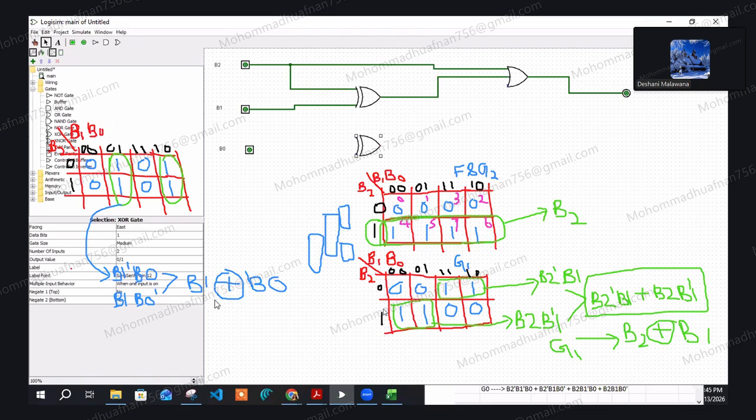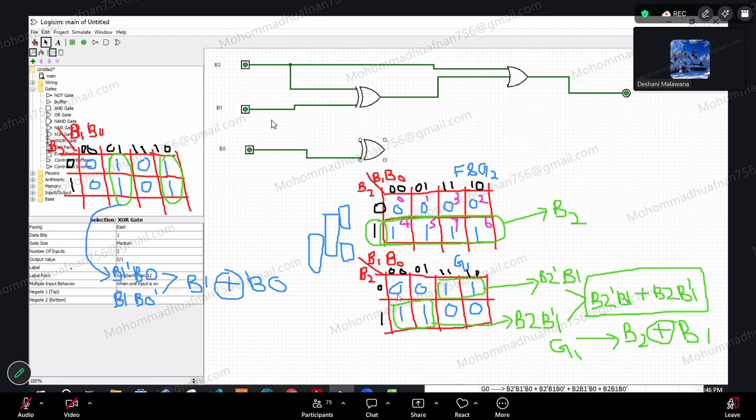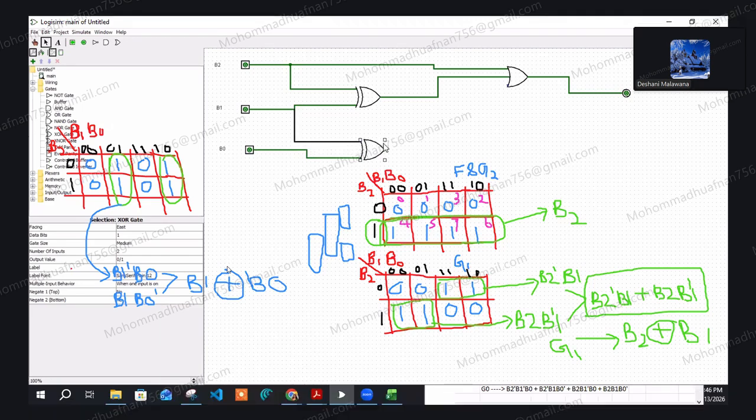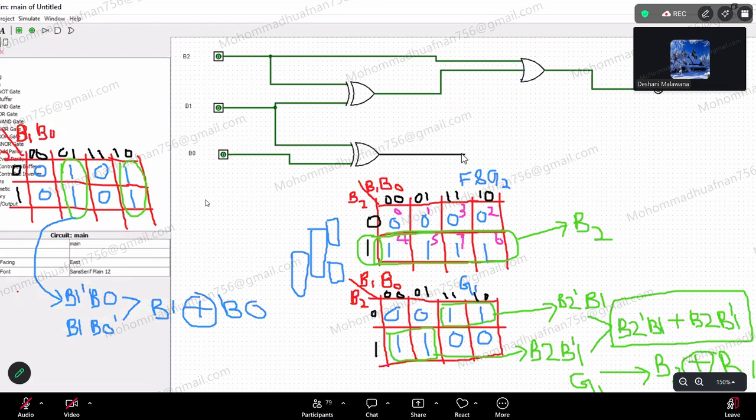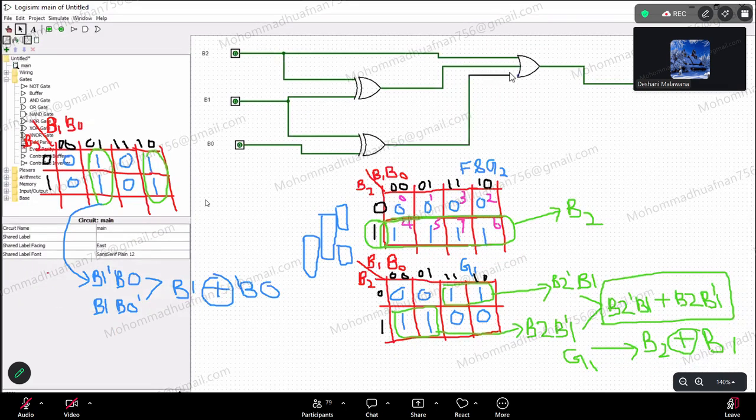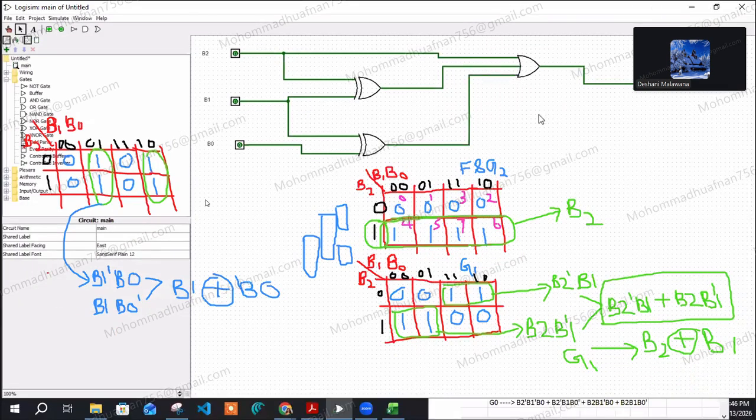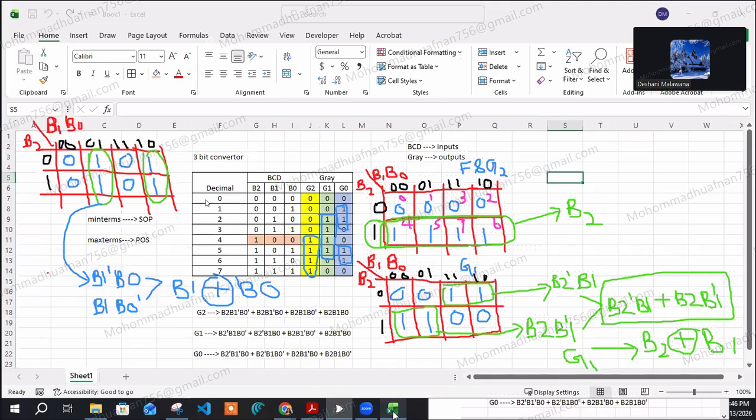Then after we have to consider B1 and B0. Just connect this one. Finally, to this one. Okay, so this is the final logic circuit for this BCD to Gray converter.